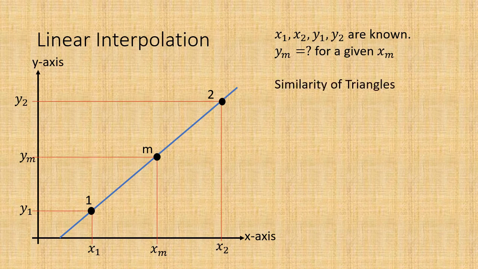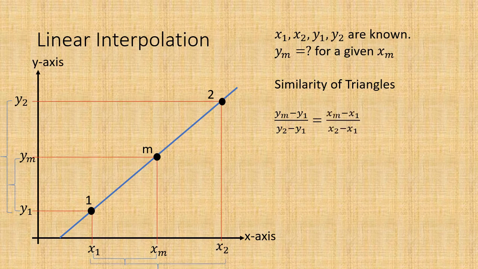The similarity of triangles can be remembered in an easy way. Small vertical length divided by big vertical length is equal to small horizontal length divided by big horizontal length.